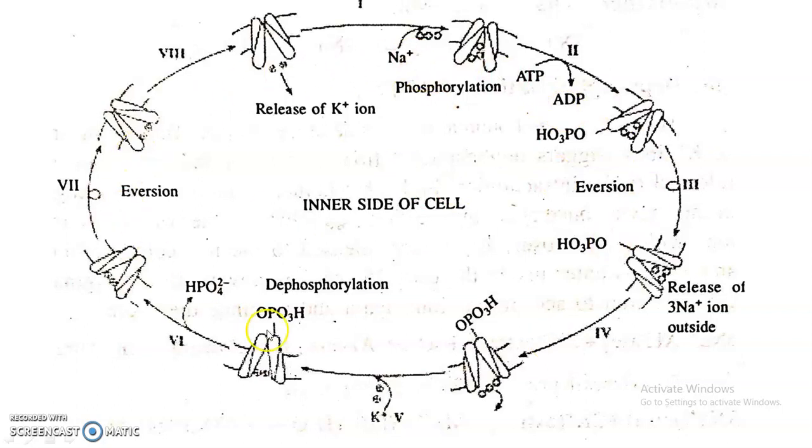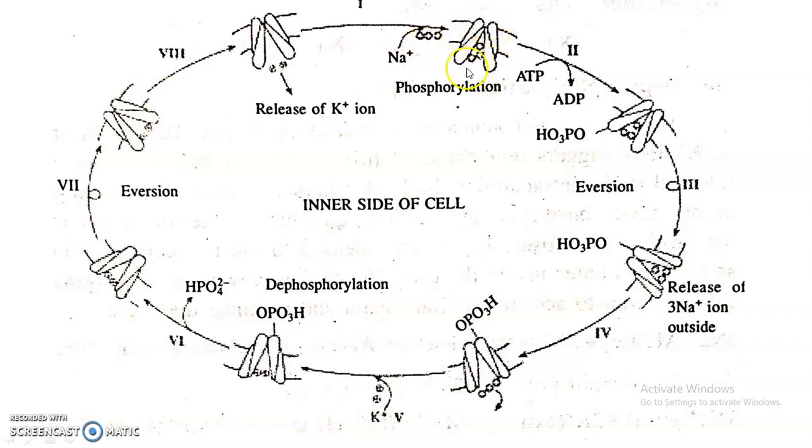Now, this is the inner side of the cell, and here is the outer side of the cell. First of all, this is the phosphorylation step, and this is the ATPase. These are the alpha units.